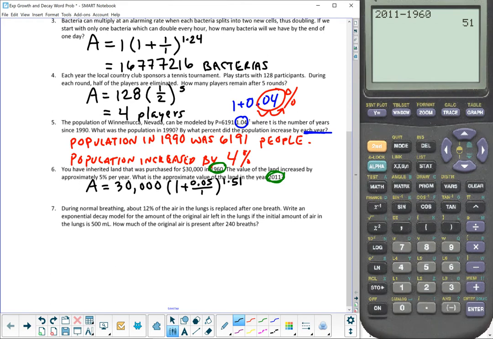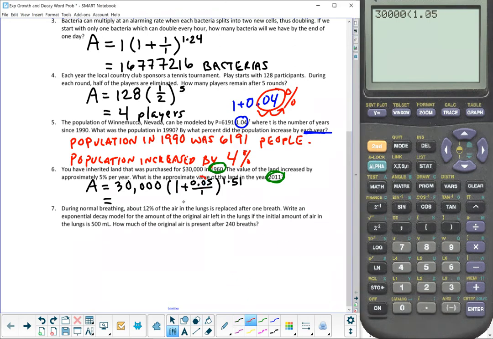A couple things you can do in the calculator: you don't need to worry about 0.05 divided by 1, that's just 0.05, and 1 times 51 is just 51. You have to do that on the calculator, so if you want to figure it out yourself, pause this video and crank it out, or you can watch what happens. So 30,000 parentheses 1.05. I'm just adding it all together.